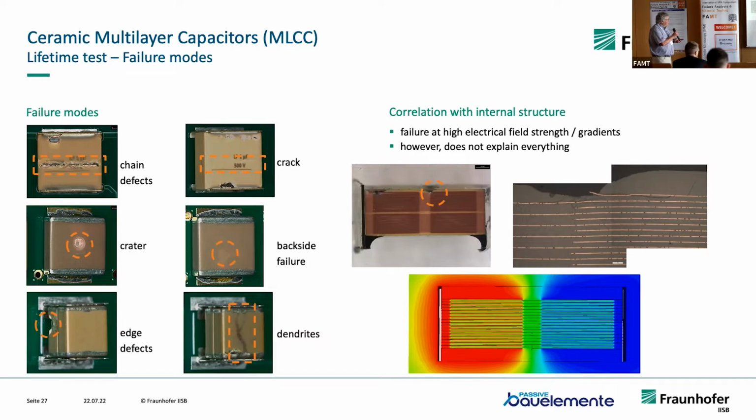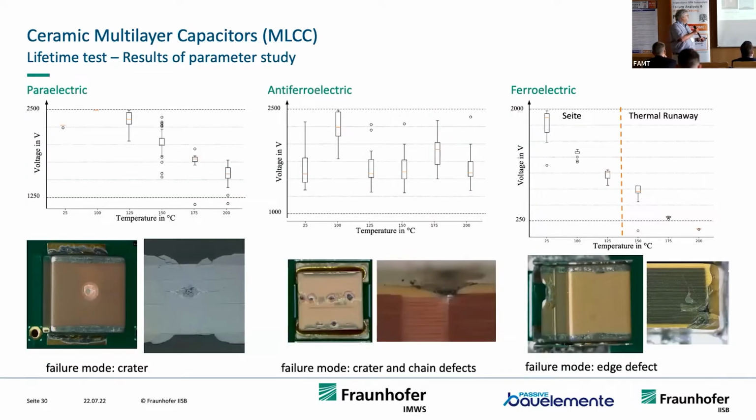Here we have an electrodynamic simulation. You see the location where this crack is always where the biggest field gradient is in the device, and this is how we analyze. So it's always structural analysis. How does the system really work? And finite element simulation helps a lot in attributing the mechanisms.